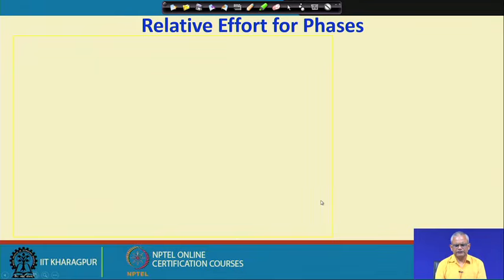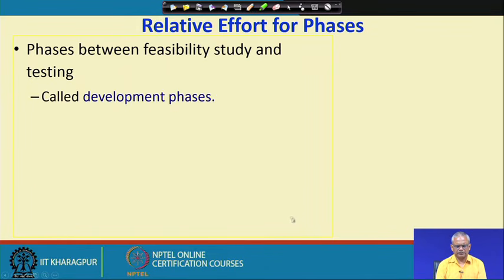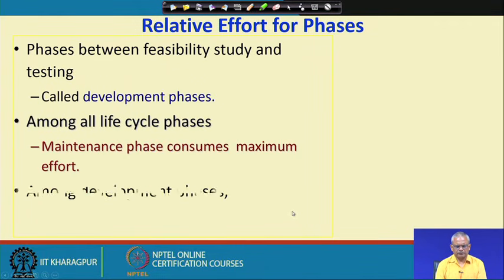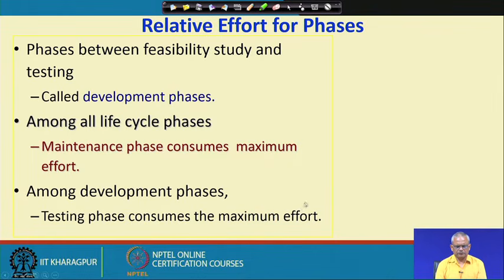In the classical waterfall model, we saw that there are many phases, but which phase requires maximum effort and what are the relative efforts for different phases? Among all life cycle phases, the maintenance phase requires the maximum effort, because remember that the development may complete in a couple of months or so, and the maintenance goes on for years together.